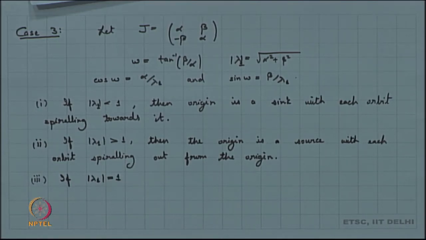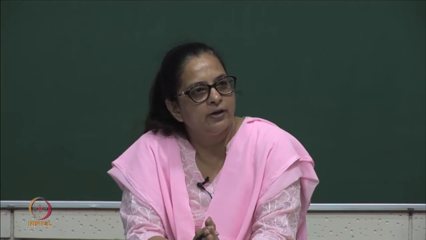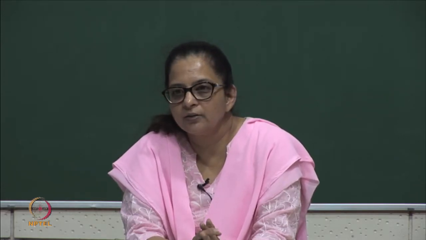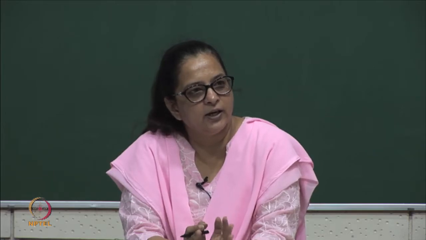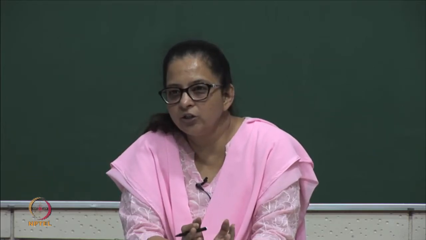Now, think of that. What is your J^n now? It is mod lambda 1 to the power n into a rotation matrix. So, mod lambda 1 itself is 1, so there is nothing changing there, all it is doing is rotation.